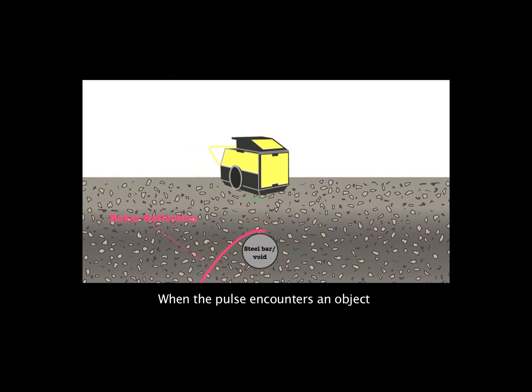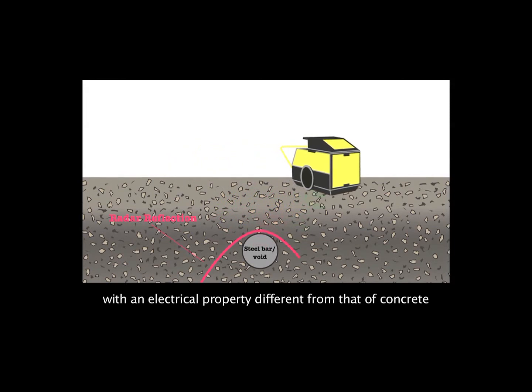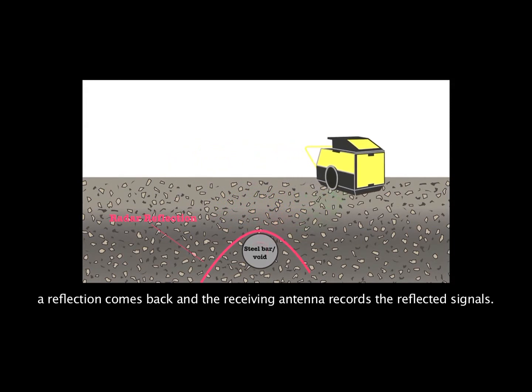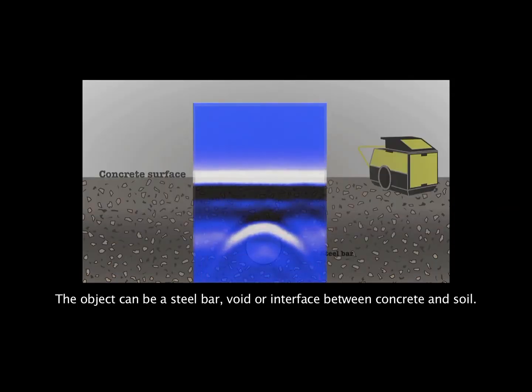When the pulse encounters an object with an electrical property different from that of concrete, a reflection comes back and the receiving antenna records the reflected signals. The object can be a steel bar, void, or interface between concrete and soil.